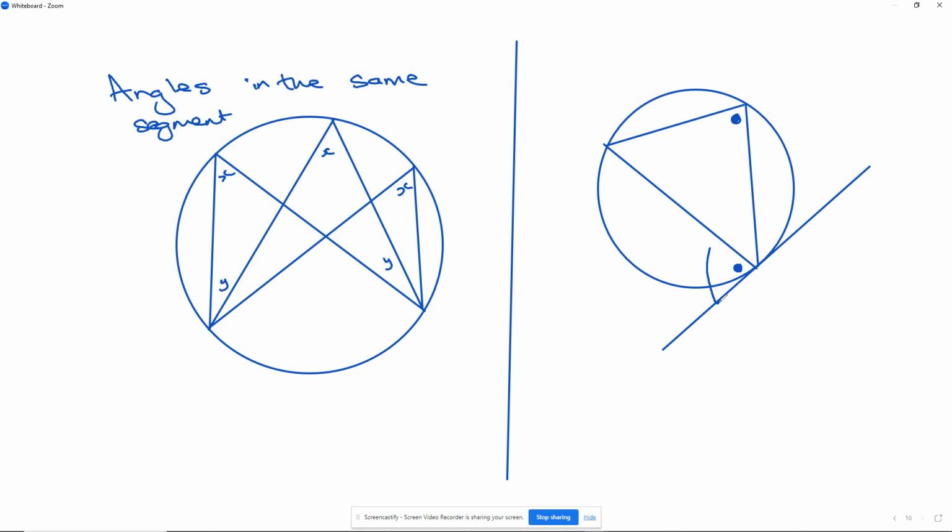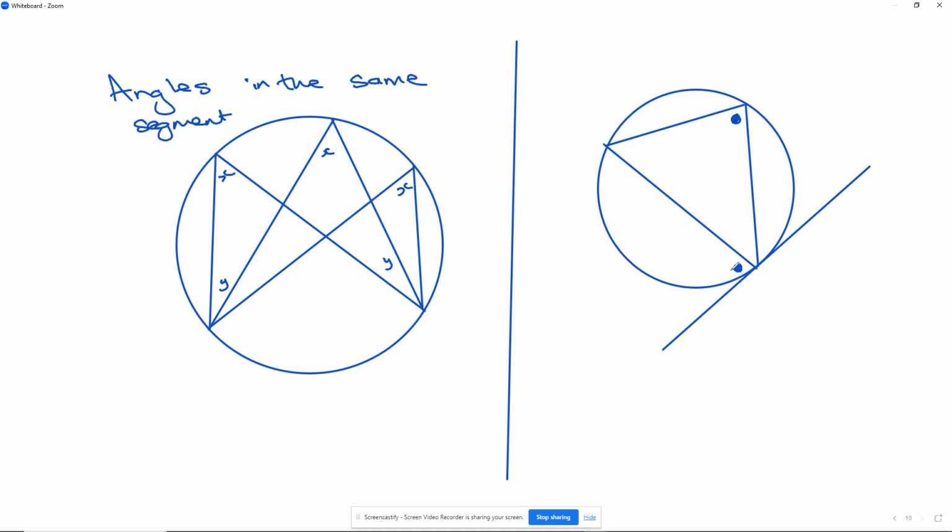So what you have to do is find the chord and then go opposite. Okay, so you start at the tangent, find the angle, then you got your chord, then you got your opposite angle. And those two will be equal. And this is known as the tan-chord theorem. Right? The angle from the tangent to the chord is equal to the angle subtended by that chord.